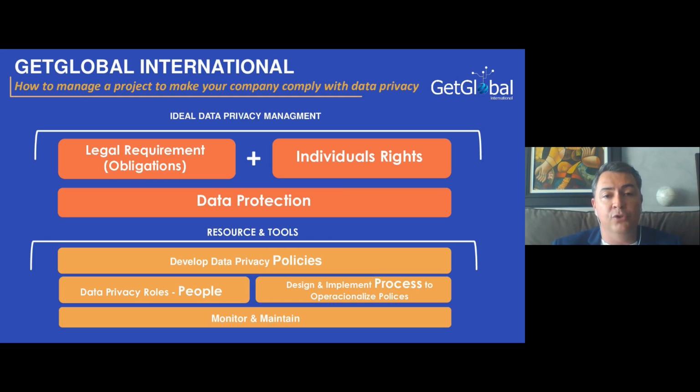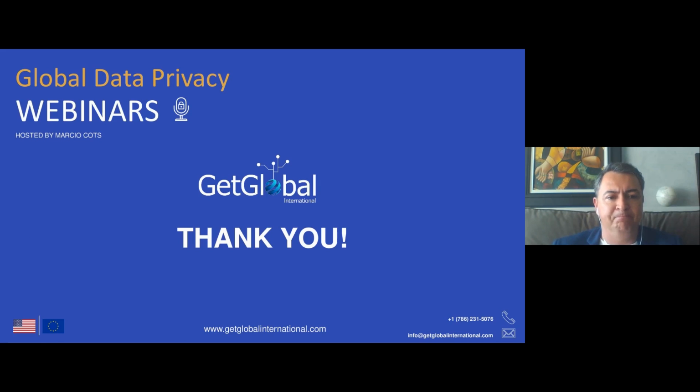We would also have the process to monitor if the company is following those procedures, and that would be how we would comply with the legal requirements, the legal obligations, and respect the individual's rights, and have a data protection program in place. So that's pretty much what we had for today.